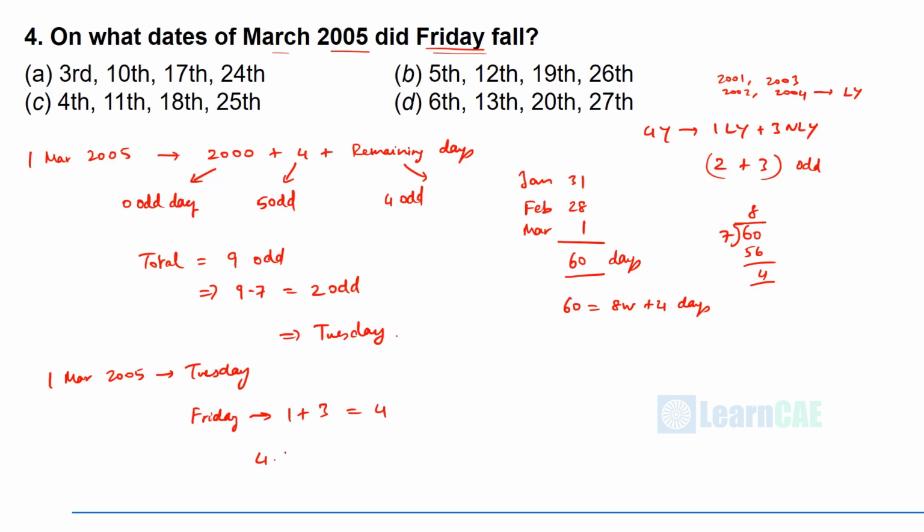That is 4 March 2005 is a Friday. Therefore 4th March 2005 is a Friday. So our answer should be option C. Here it is 4 plus 7, here it is 4 plus 14, here it is 4 plus 21, which are multiples of 7. Therefore the dates 4, 11, 18, 25 of March 2005 will be Friday. The answer is option C.